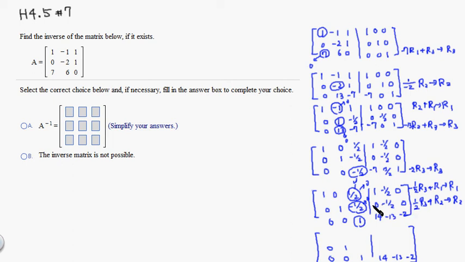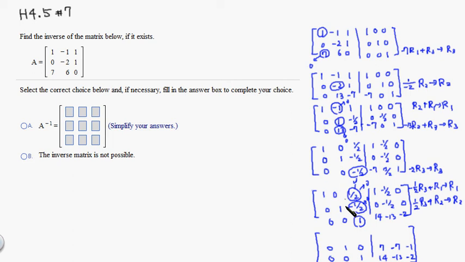Multiply 1 by 1/2 added to negative 1/2 is 0, which is what we wanted. 14 times 1/2 is 7, added to 0 is 7. Negative 13 times 1/2 is negative 13 over 2, added to negative 1 over 2, so negative 14 over 2, which is negative 7. Negative 2 times 1/2 is negative 1, added to 1 is negative 1.